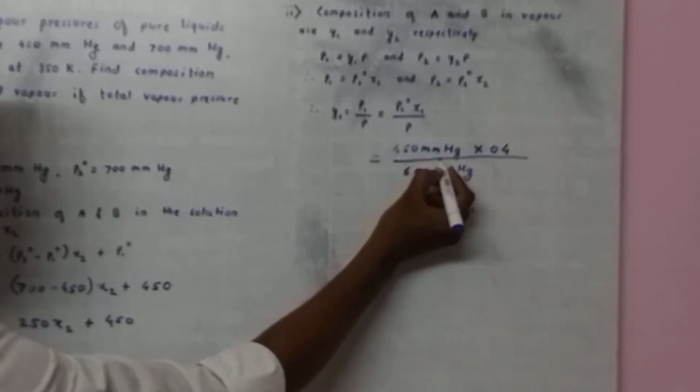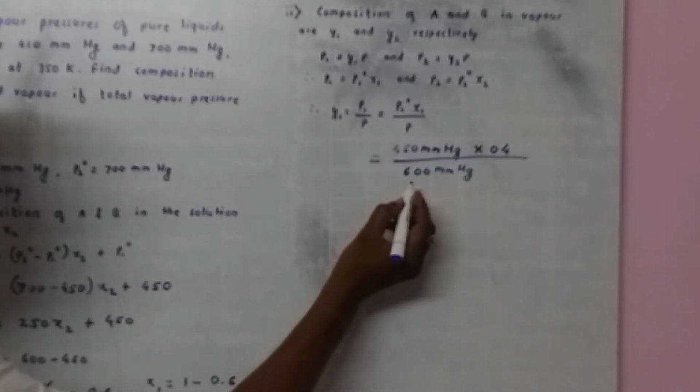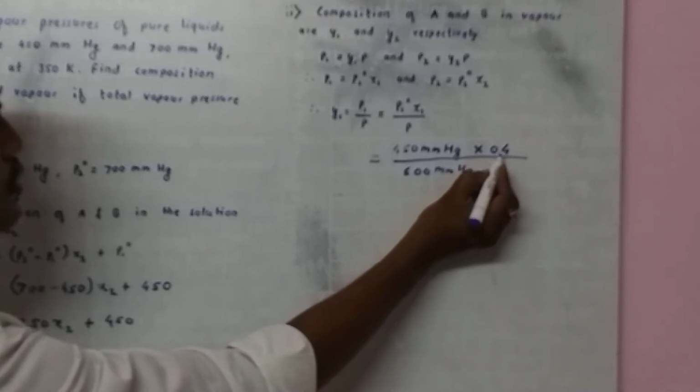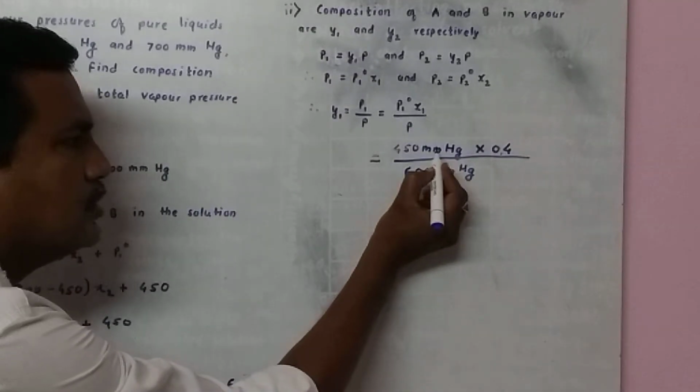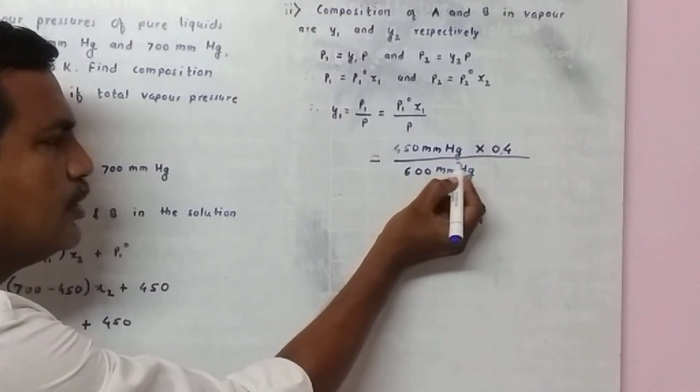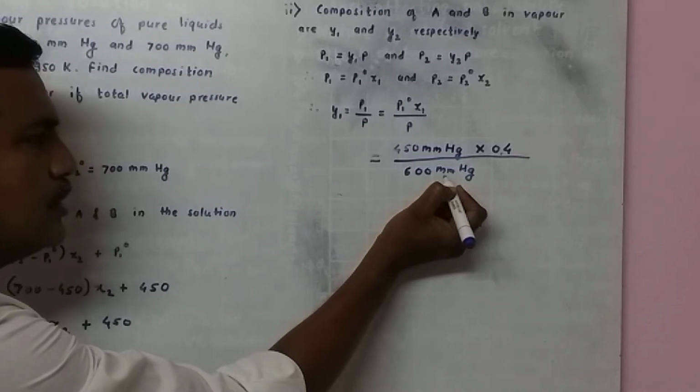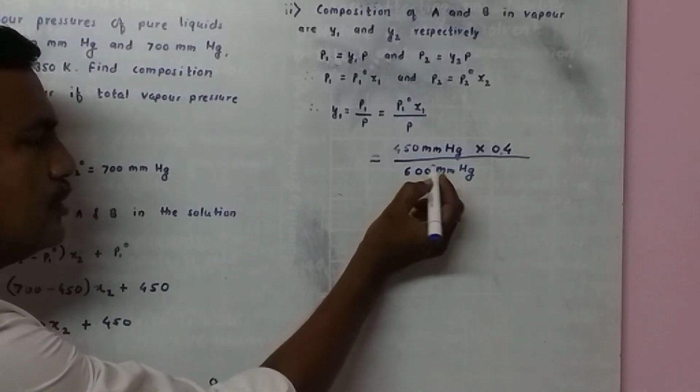So the unit mm of mercury will get cancelled, and the zeros will cancel.